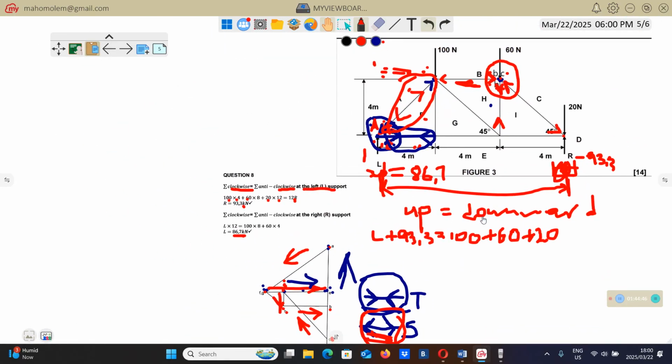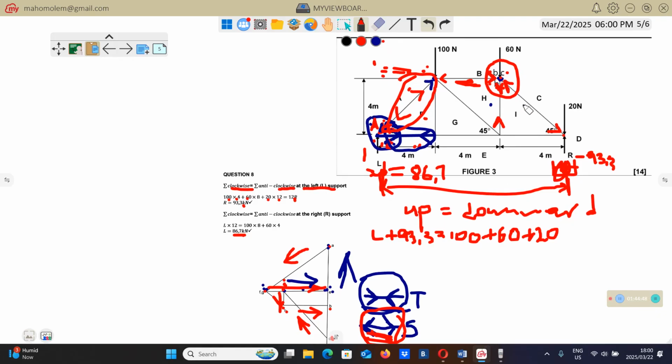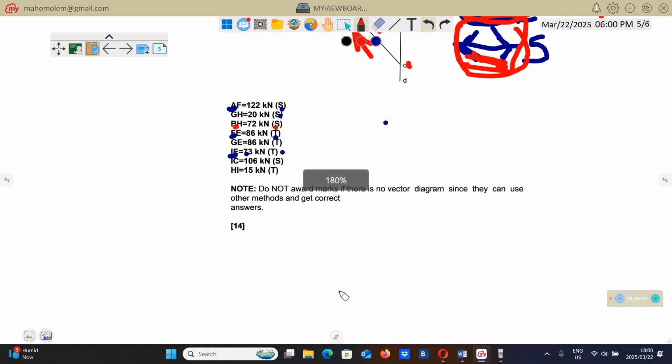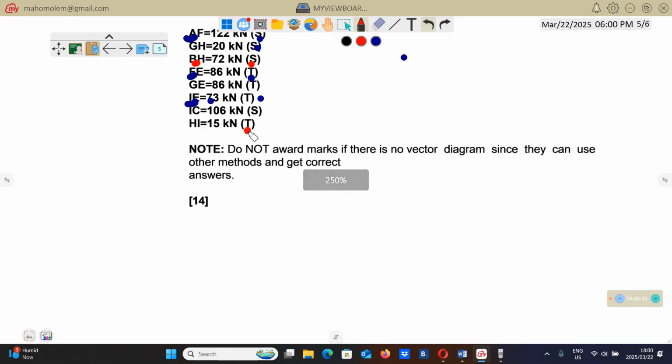Then when you go to HI, HI is like this. Those arrows are there like that. If you take this and put it vertical, you will have this. So HI is going to be a tie. Here is the tie. HI, it's a tie.